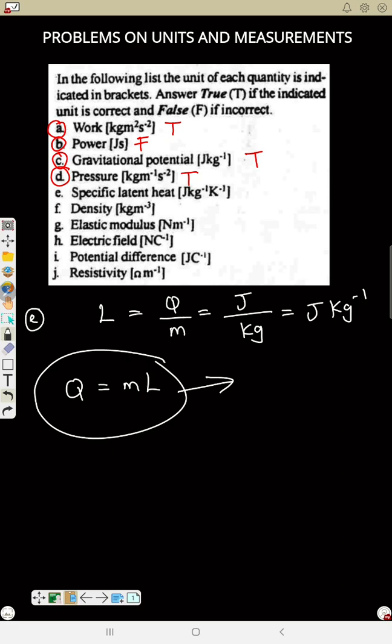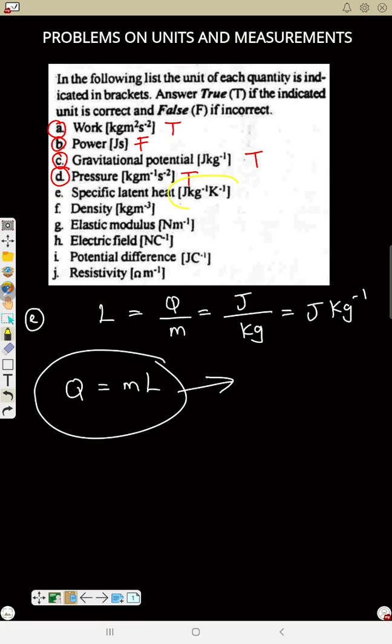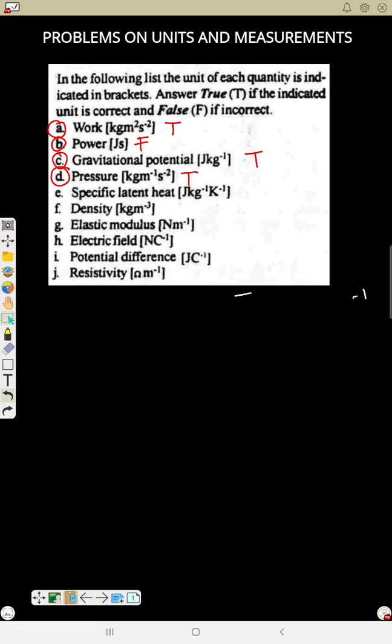But if you look at what we have in the question, it is joule per kilogram per Kelvin, and this is for specific heat capacity. So the statement is not true. For latent heat it is joule per kilogram. So that statement is false. So that E is false.